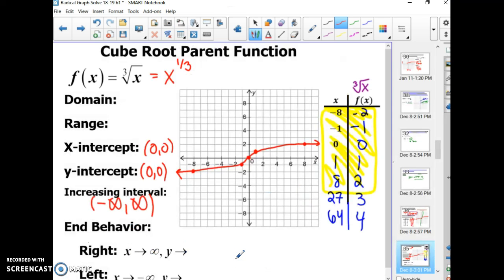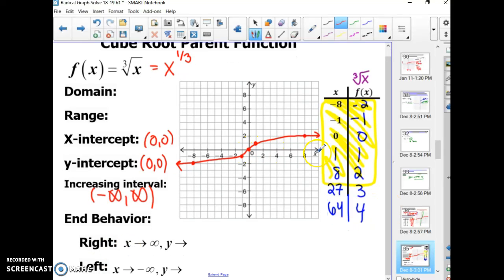So then let's talk about end behavior. As x goes to the right, as x goes this way, what do my y values do? They point up and head to positive infinity. On the left side, as we come this way, my y values are pointing down, going to negative infinity. So then let's talk about domain and range. My x values are headed to positive infinity, but I also have everything going to negative infinity.